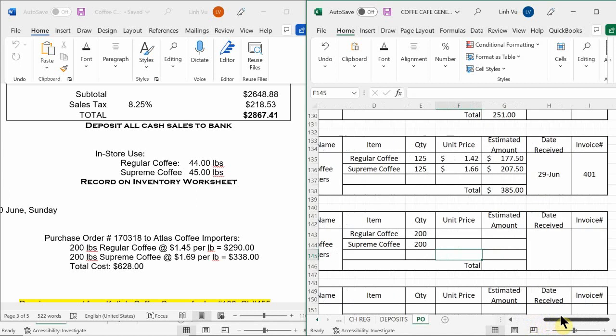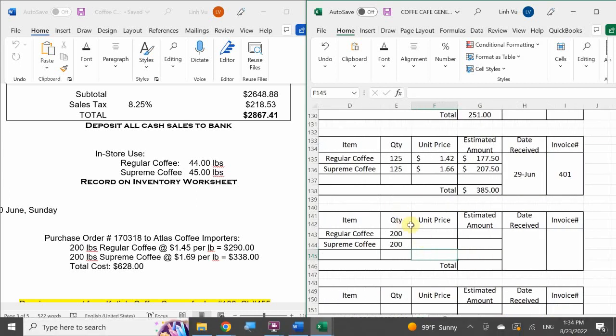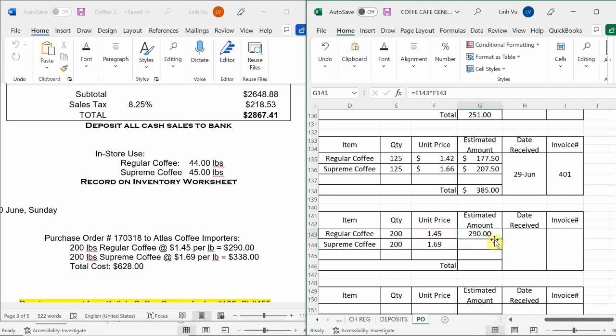The unit price right now quoted is at $1.45 for regular and $1.69 for Supreme. Okay, giving us a grand total of $290 plus $338, giving us a grand total for all 400 pounds. It's going to be $628.